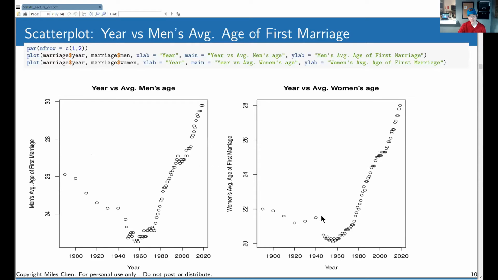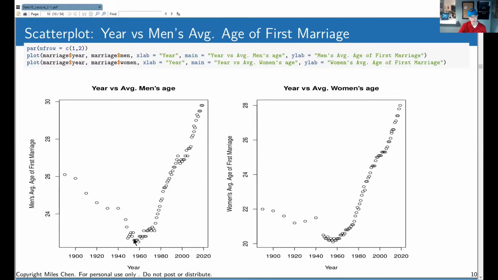And what we see is we no longer have a straight line relationship. It looks like from around 1890, which is when we first have data recorded, to around 1960, the average age of first marriage for men continually goes down from around 26 to around 22.